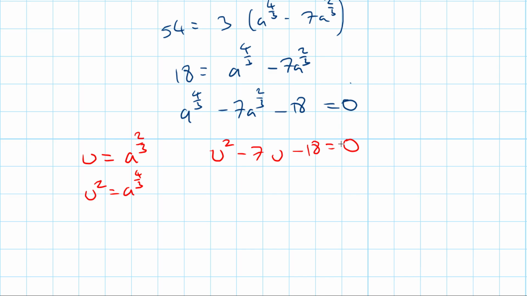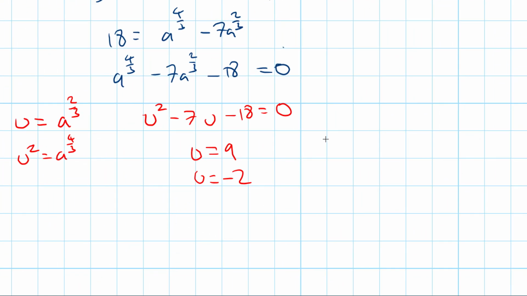And then from here you can just plug into your calculator the polynomial, 1, minus 7, minus 18. So you get, again, you could have done this straight away, u is equal to 9 and u is equal to minus 2. So then from here we know u is equal to a^(2/3). So a^(2/3) is equal to 9, or a^(2/3) is equal to minus 2.